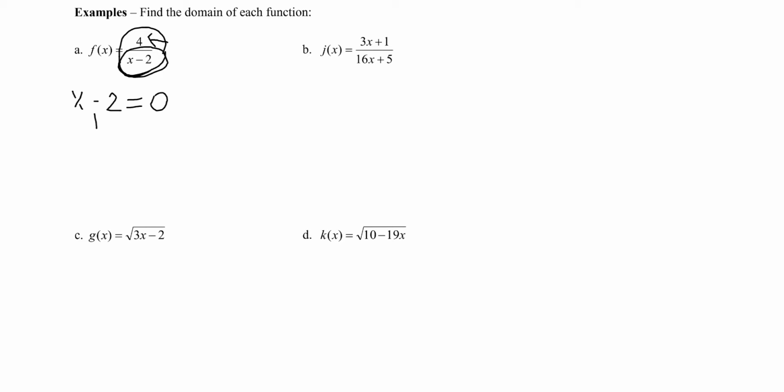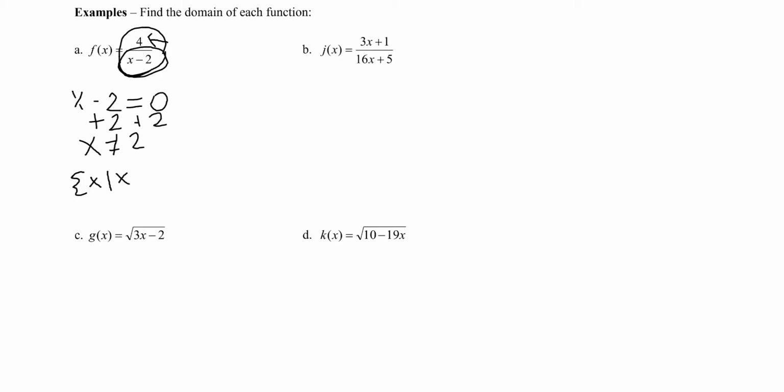So this one's nice and simple. We'll add 2 to both sides, and I get x equals 2. So our domain is any number except x equals 2, because if x equals 2, it will give me a 0 in my denominator, which isn't allowed. So if we were to write the domain, and they're sometimes going to ask for it in set builder notation, which is where we put the brackets, and we do x, straight line x, which stands for the set of all x.